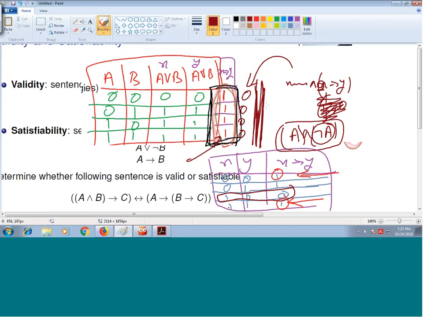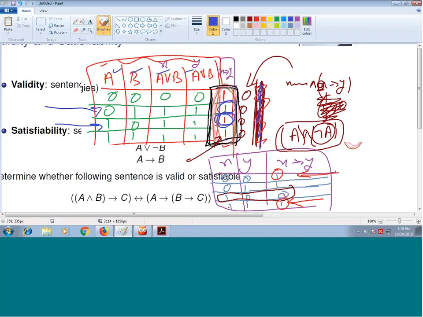So my problem is only this: if your table is such that all the places there is 0, then you cannot find any assignment of these variables so that the output becomes 1. In all other cases, at least you can find one such assignment where there is 1. If it is not the case that everywhere there is 0, then somewhere there would be 1, and that line would give you the assignment that makes the formula 1.